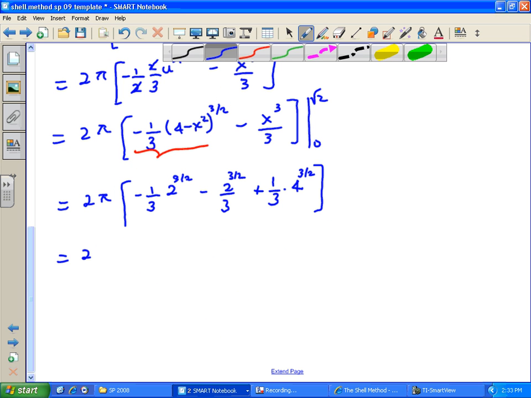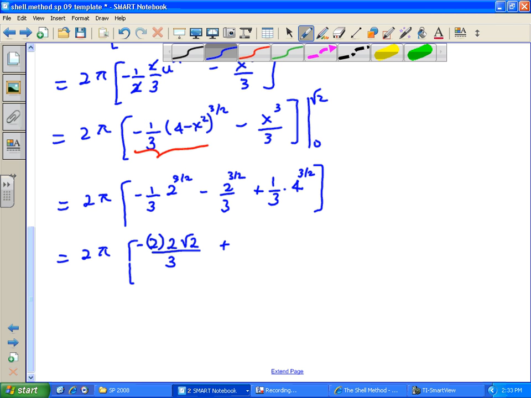Let's see, if we simplify this a little bit further, two to the 3 halves is the same as 2 root 2. And I have 2 of those up there. Plus 4 to the 3 halves.